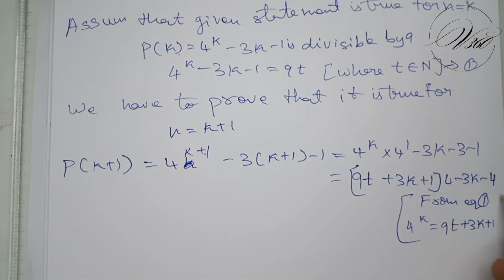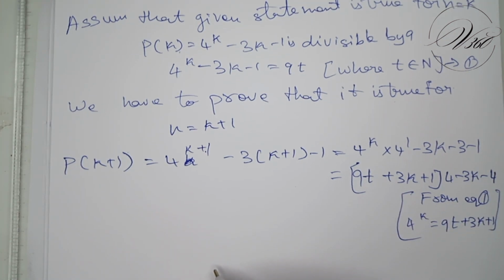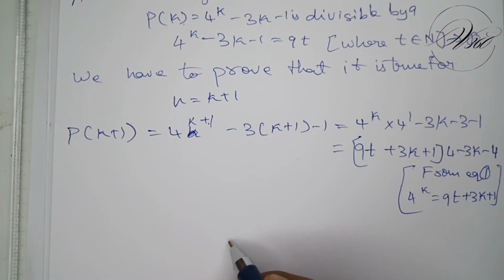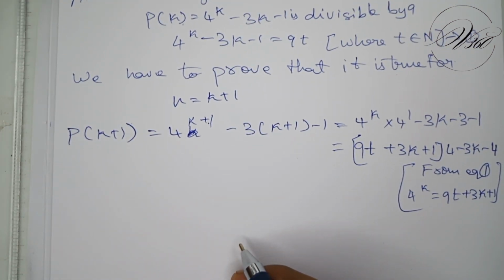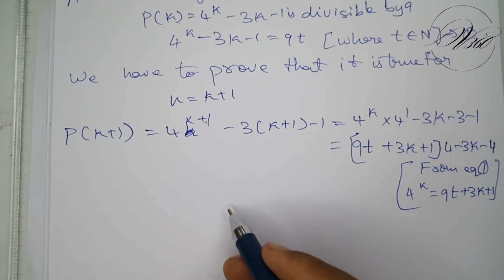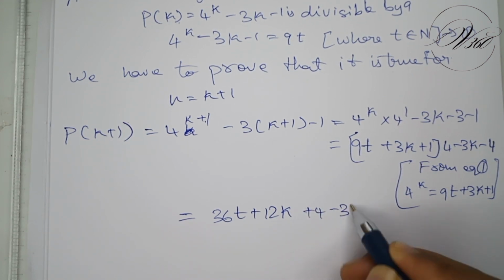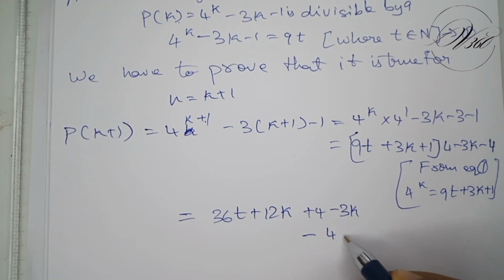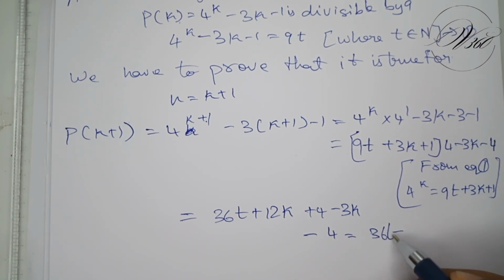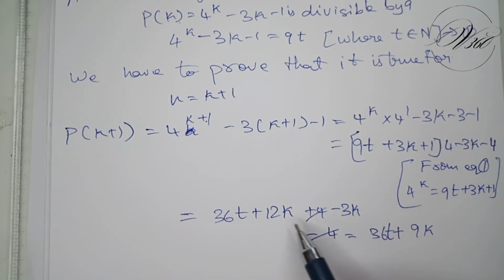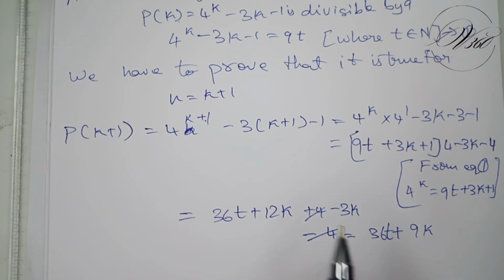Now here I think you may all see this. Now 36t plus 12k plus 4 minus 3k minus 4 is equal to 36t plus 9k, because minus 4 plus 4 cancels and 12k minus 3k is 9k.